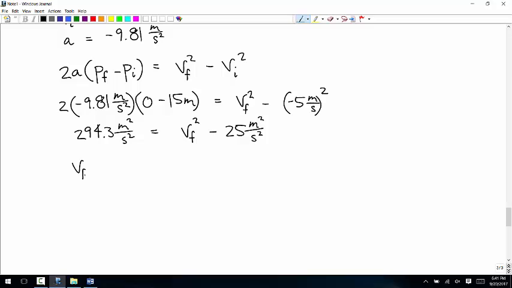And so Vf squared is equal to 294.3 plus 25. So what's that? 319.3 meters squared per second squared.